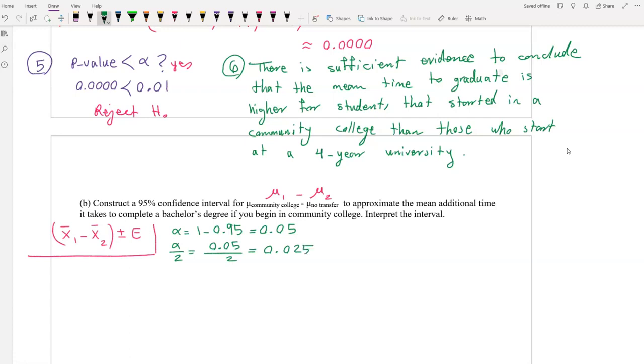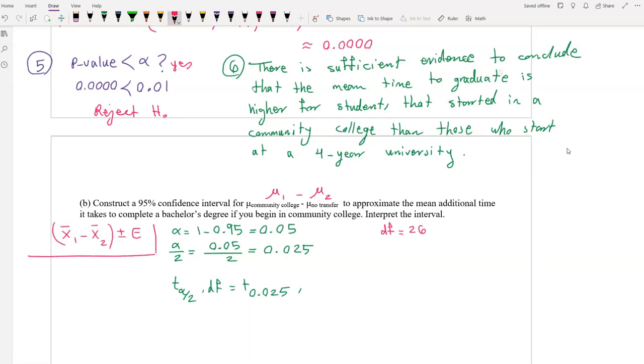And then finding t, we have 0.025 over the degrees of freedom, which was based on whichever sample is smaller.